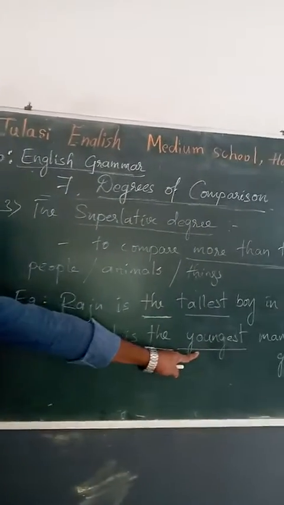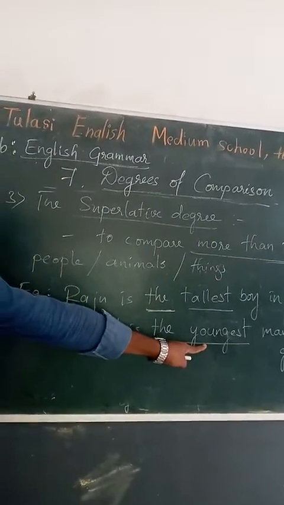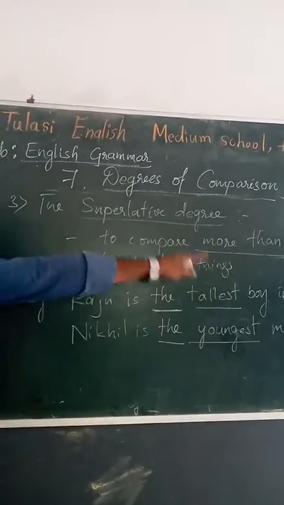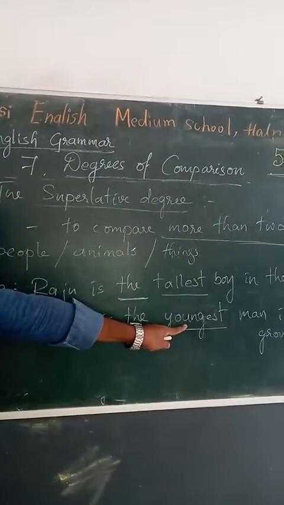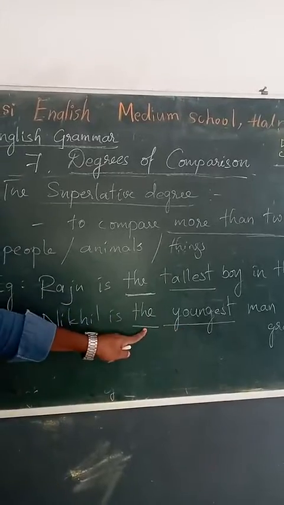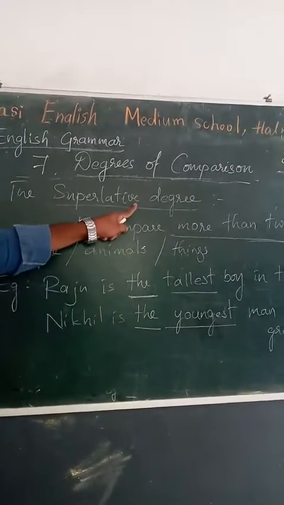Here, the adjective youngest is used in the superlative degree. Young becomes youngest, and "the" must be added in the superlative degree.